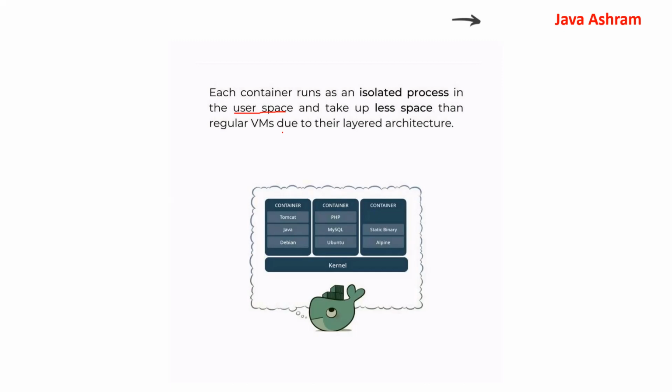There are different kinds of spaces in the operating system. Each container will be deployed into a separate user space. It will run as a separate process in a separate thread, and that's the reason it takes much less space than a regular virtual machine, due to the layered architecture.